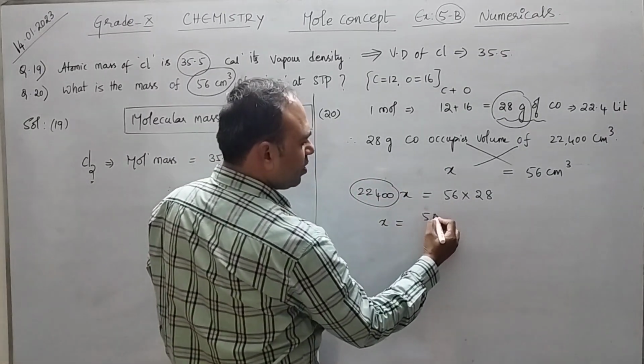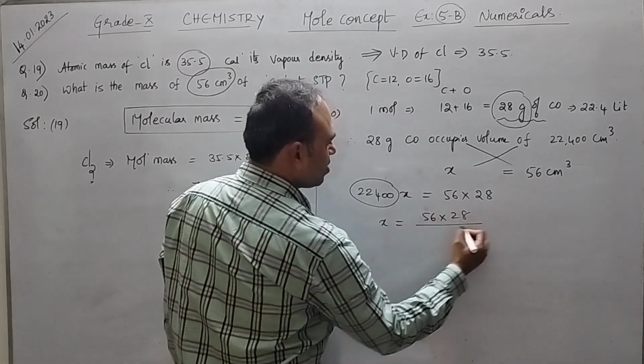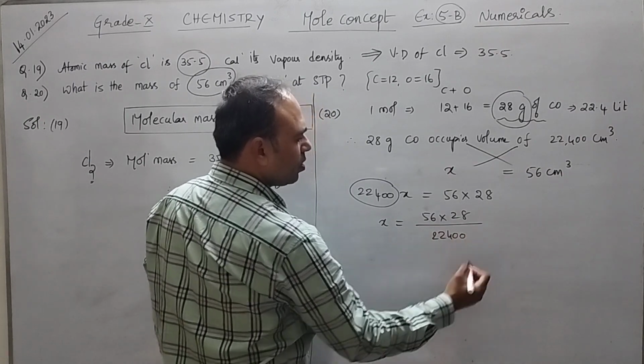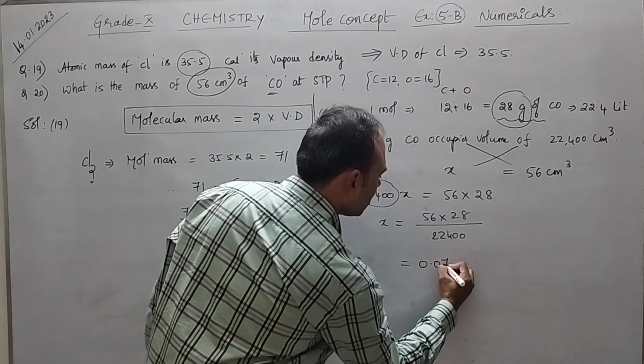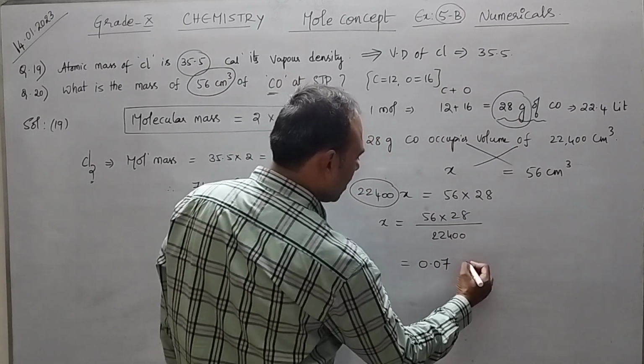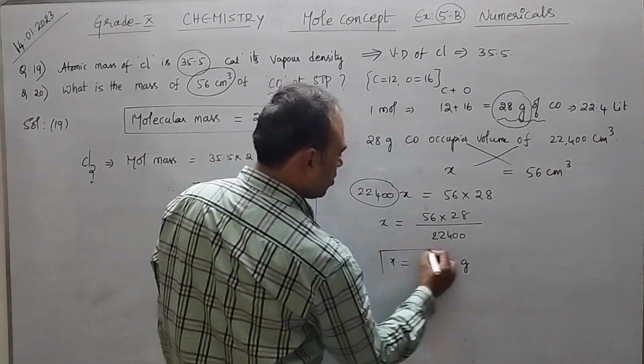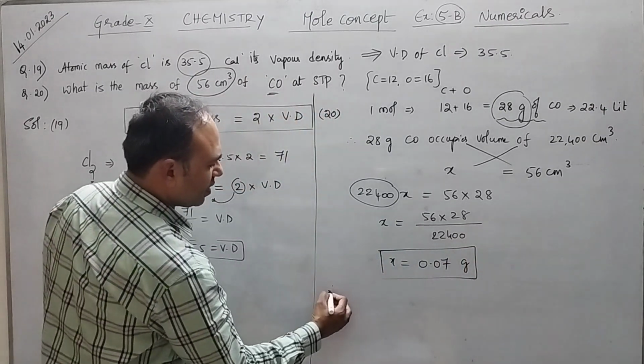On the other side, if you take, it comes in the denominator 22,400. I have already calculated this. This will be 0.07 grams. X is equal to 0.07. So we can write like this.